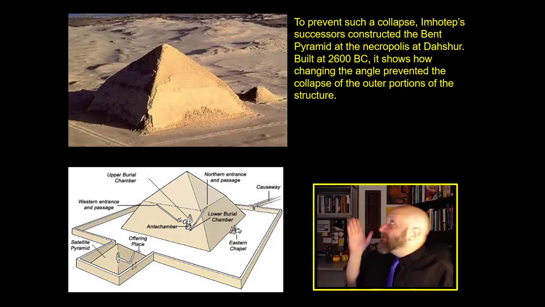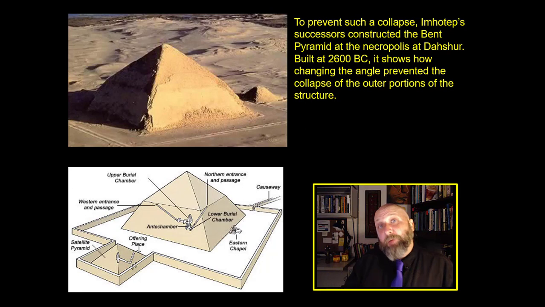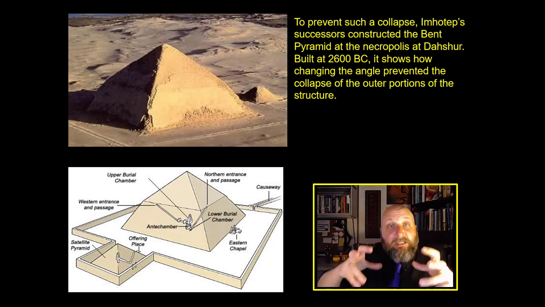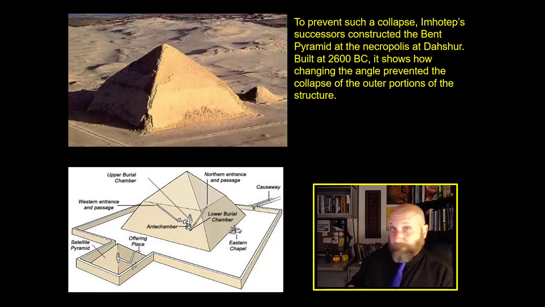So the result is this kind of ugly but functional pyramid that is today known as the bent pyramid, built 2600 BC. And they changed the angle at the side of the pyramid in order to solve that engineering problem, so that there wasn't so much weight at the top that it would crack the stones below it.